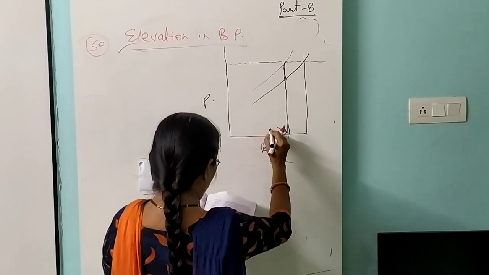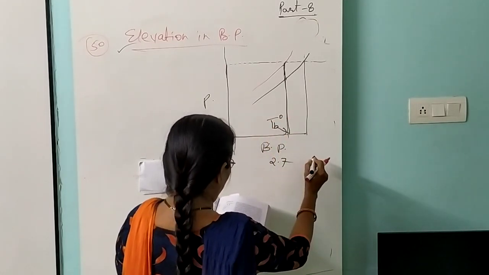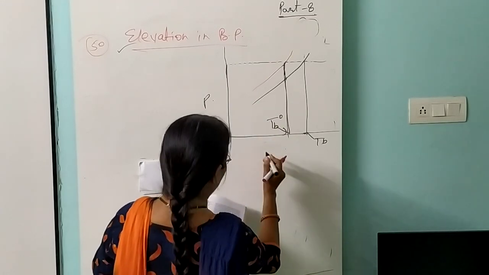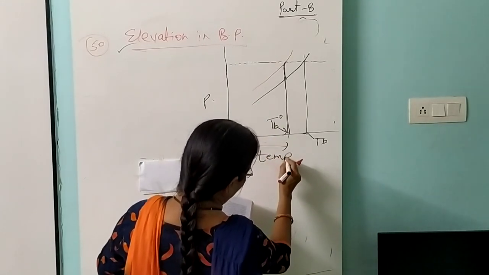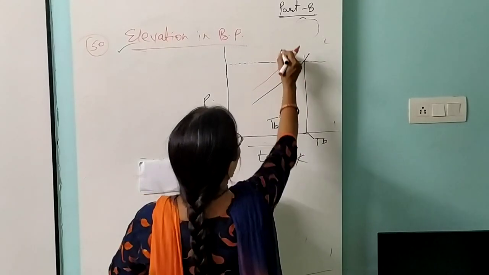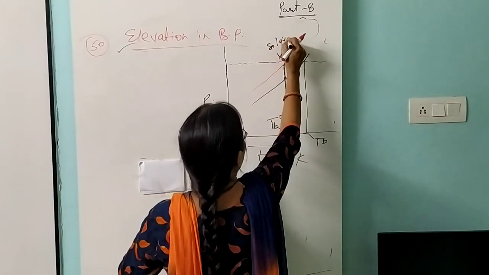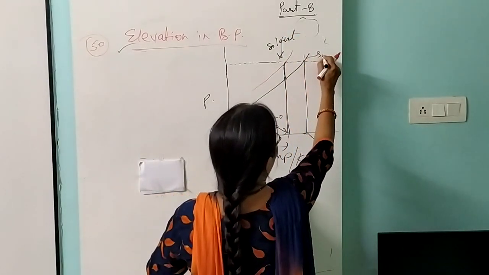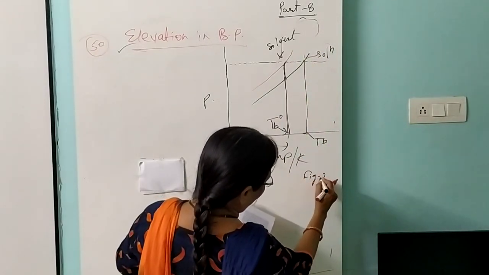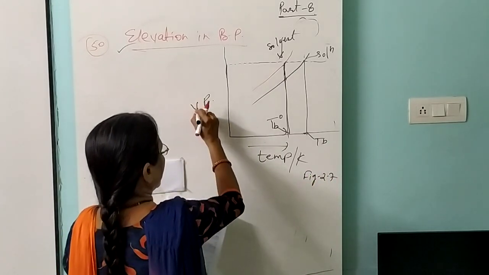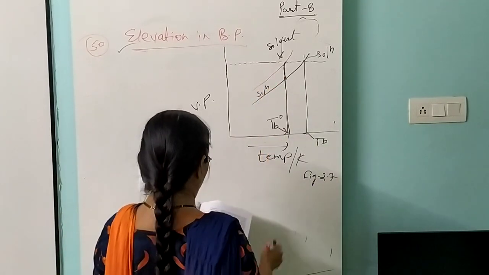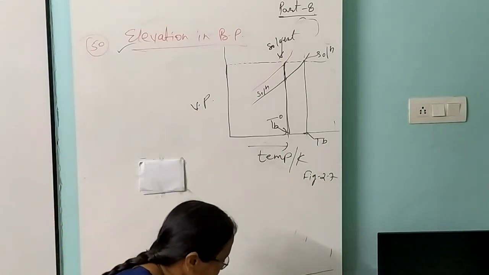Here this one is our P_B^0 and this one is our T_B, and this graph is for temperature T in K. Now this is our solvent and this one is our solution, in figure 2.7 of our textbook, and here it is vapor pressure.